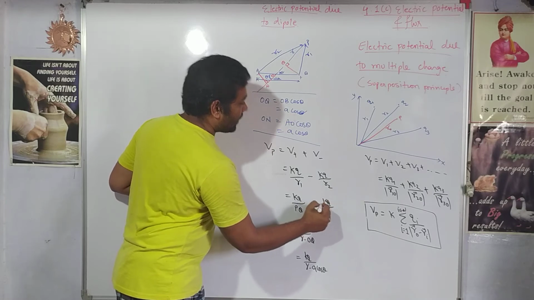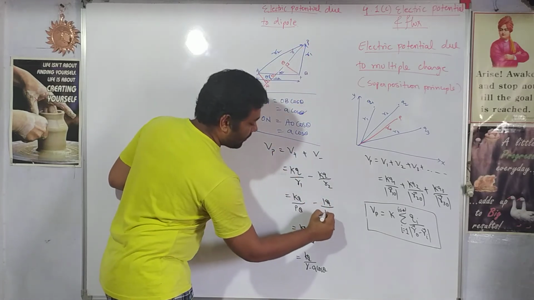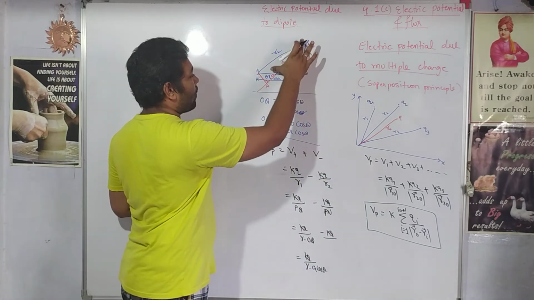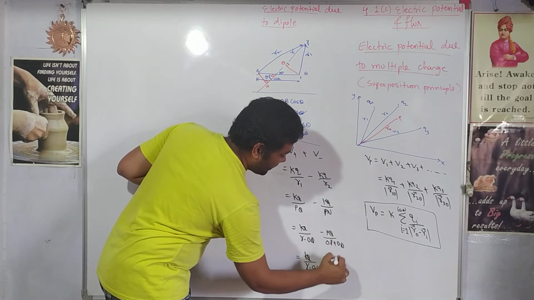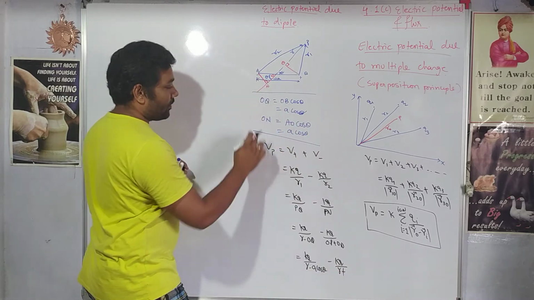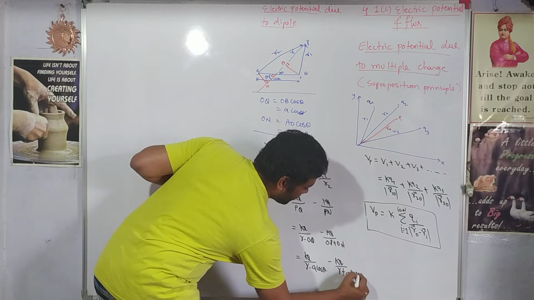Again, I will convert R2. What is the distance R2? If I project, it is PN. So PN can be written as OP plus ON, where OP is R and ON is A cos theta. So R plus A cos theta.